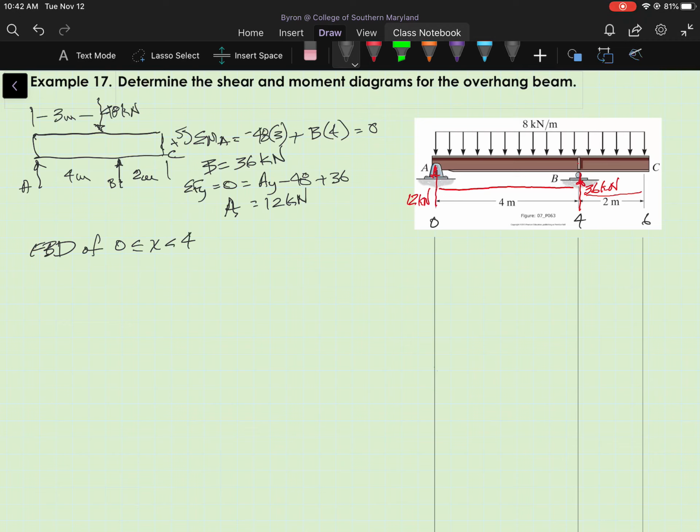And I'm going to draw a free body diagram after I make a cut in the beam at some arbitrary distance x between 0 and 4. So let me make that cut here. And I will draw a free body diagram of the segment of the beam to the left of the cut.